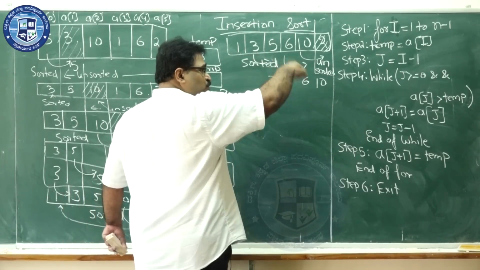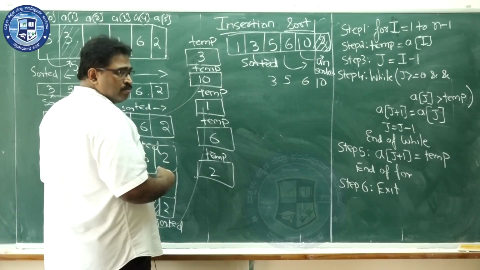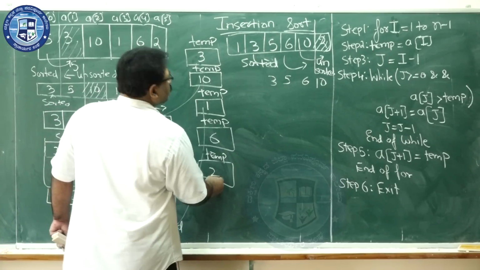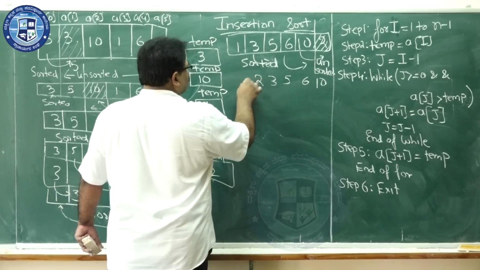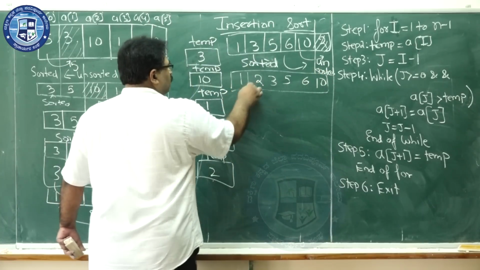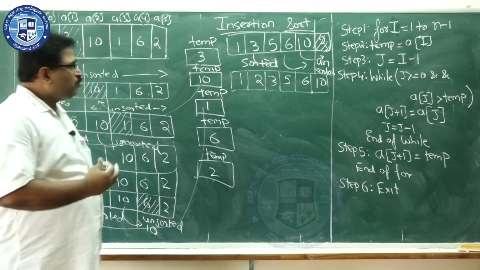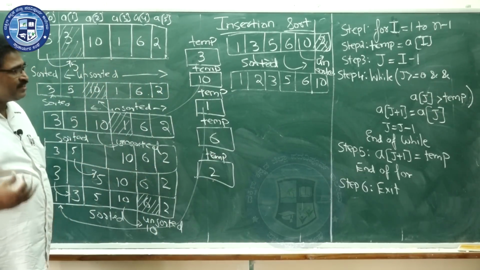It is shifting by one position towards the right. 1 and 2, no. So we put that 2 here. So your final sorted array will be in this form. That is 1, 2, 3, 5, 6, and 10.